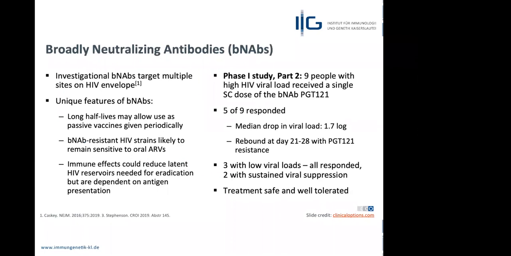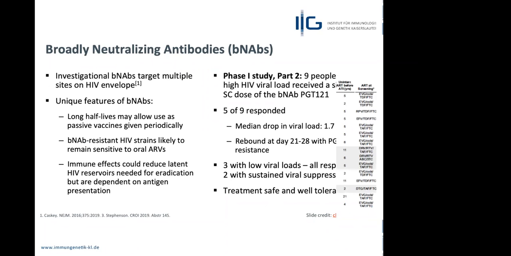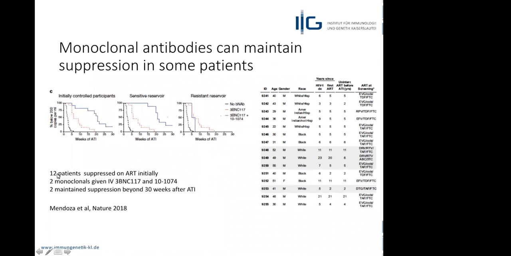We do learn more and more about broadly neutralizing antibodies, and in some phase 1 study, it was quite effective. 12 patients suppressed on ART were given monoclonal antibodies, and 2 maintained suppression beyond 30 weeks after antiretroviral treatment interruption.